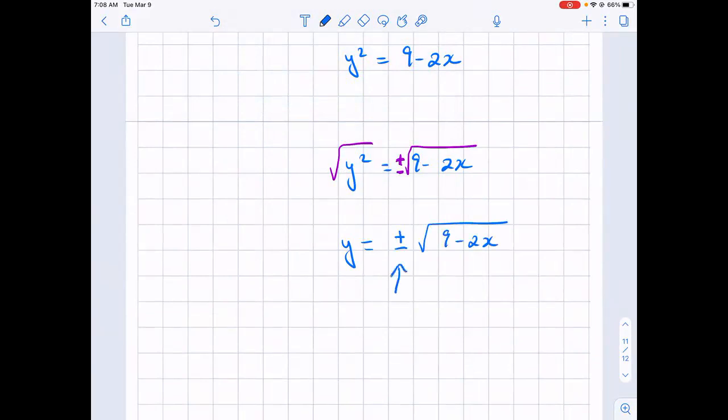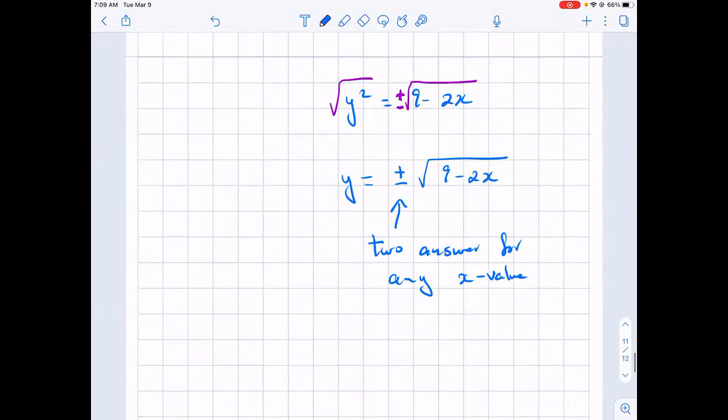So here we'll have two answers for any x value we plug in.